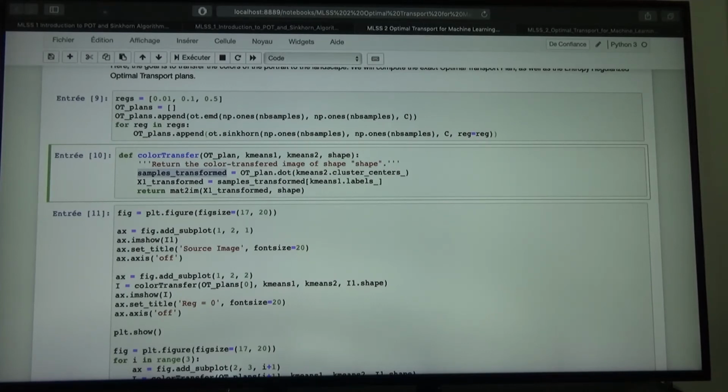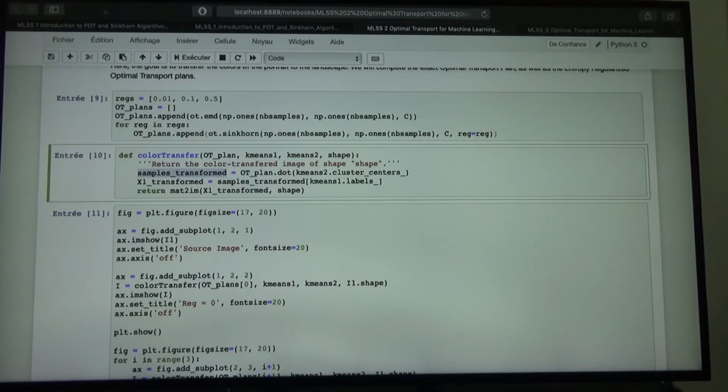And we only have to reshape everything so that it's not a vector, but it looks like an image. Okay? And that's what we do using this matrix to image function that is just a reshape that we coded in the first place. Okay? So for each pixel, I see its centroid. I know its transformation using the OT map, and that gives me a transformation for all the pixels.